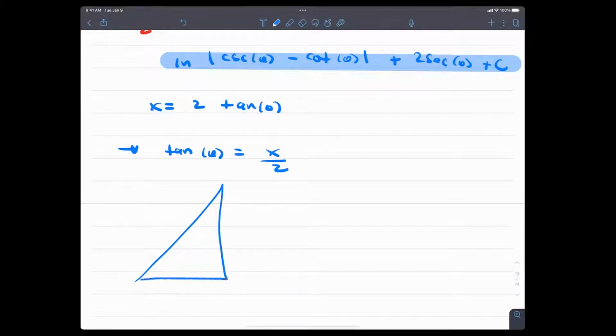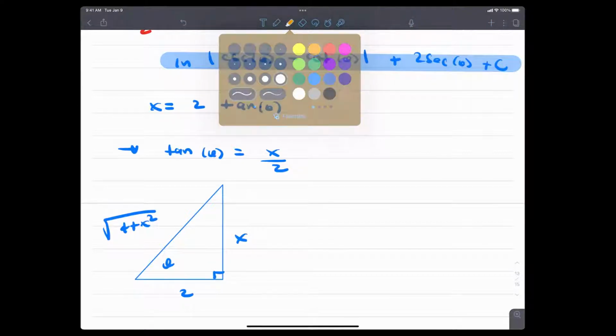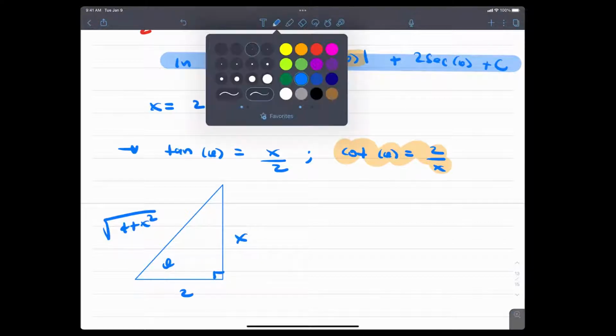So when you create your right triangle, the sides are x and 2, with hypotenuse square root of 4 plus x squared. Excuse me. And notice, we need a cotangent. I can tell what cotangent is if I know tangent. Cotangent will be 2 over x.